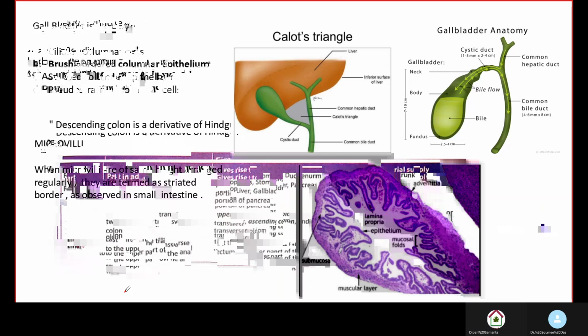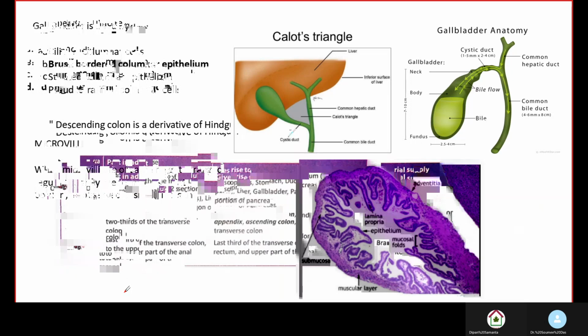Now, when microvilli are of the same height and arranged regularly, they are termed as striated border, as observed in small intestine. And this is the histology of the gallbladder.